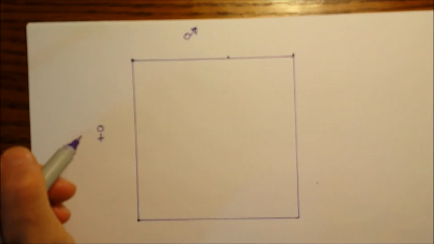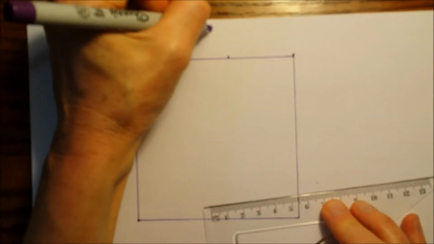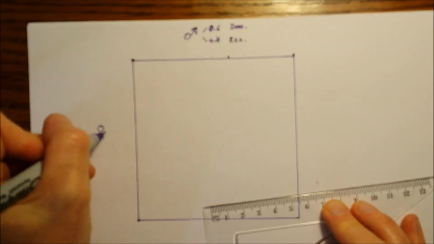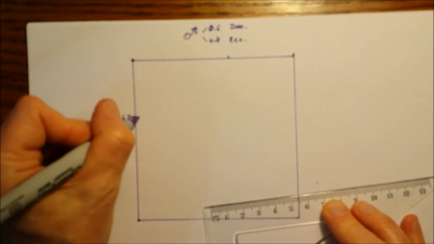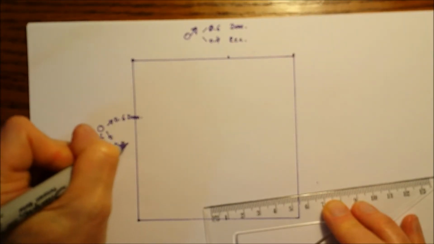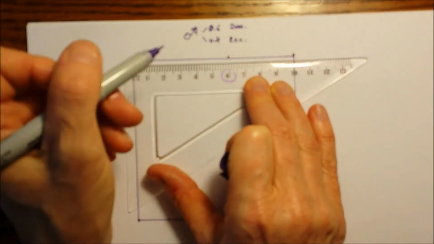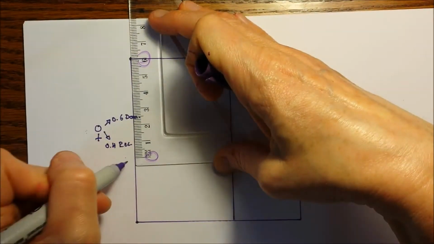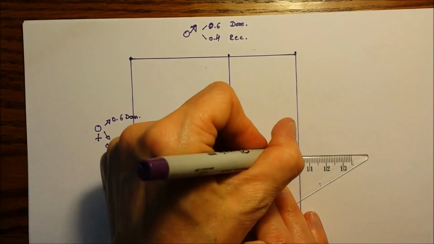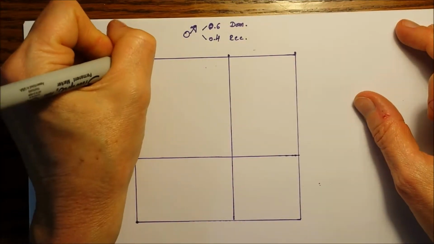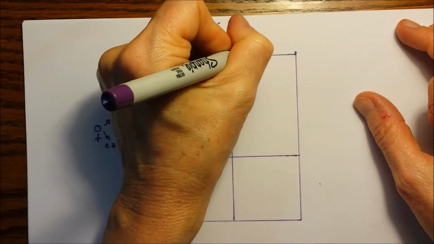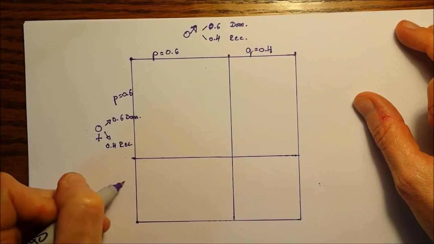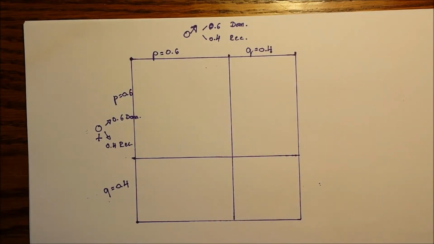The top line will represent the sperms and their frequency in the population, and we said that the dominant allele will be in 0.6 frequency, and the vertical line will represent the egg frequencies, whether they are going to carry the dominant or the recessive allele. So in here we have P, the dominant, for the sperm is 0.6 and the recessive 0.4. That's the same for the eggs.